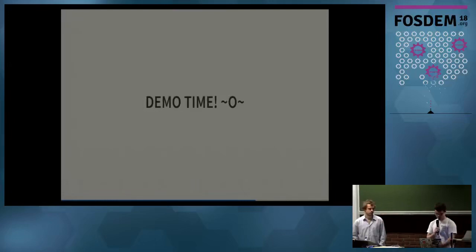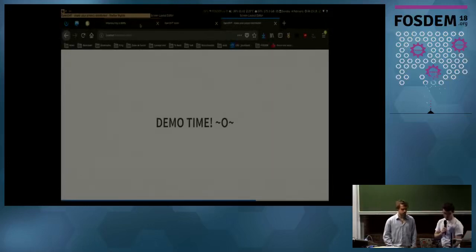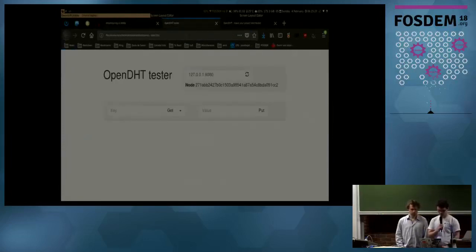So let's have a little demo. We have a proxy on dhtproxy.ring.cx, port 8000.